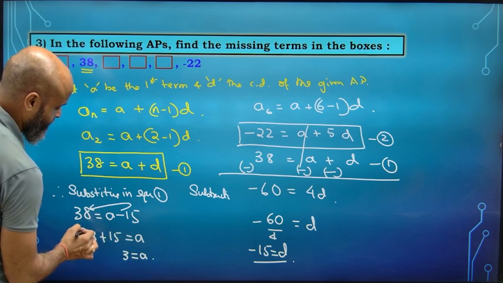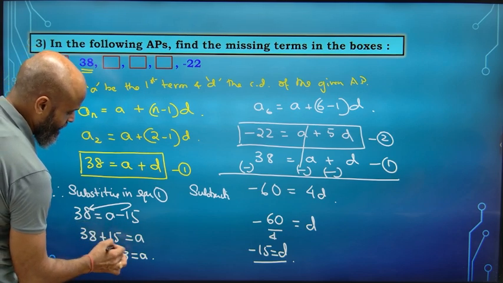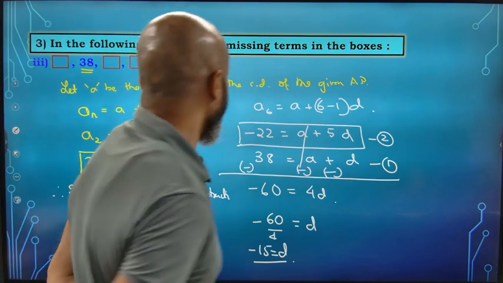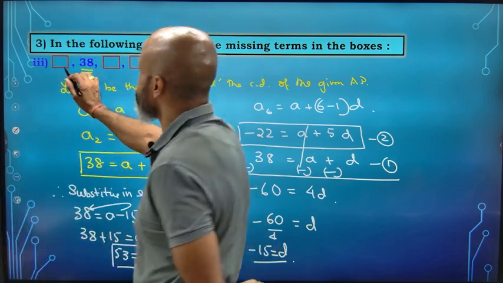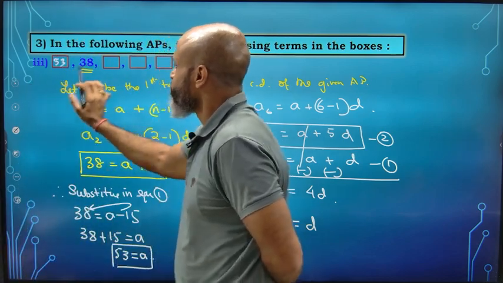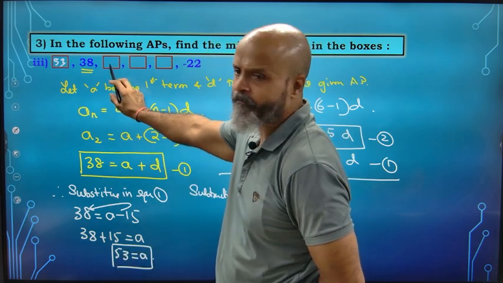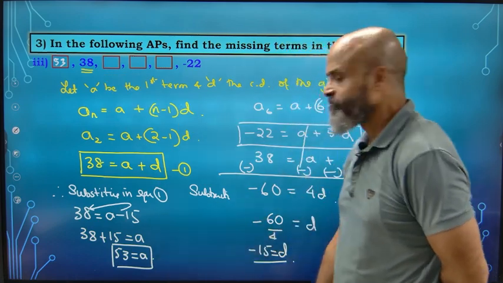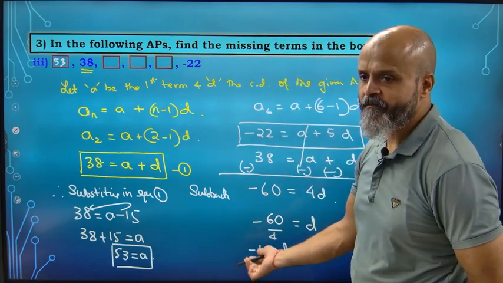8 plus 5 is 13, 3 plus 1 is 4, 1 is 5. So a is going to be how much? 53. Clear? Are we clear on this one? a will be 53. So let me know the values here. This is 53, this is 38. What will be the value here, Sheetal? 38 minus 15, right?